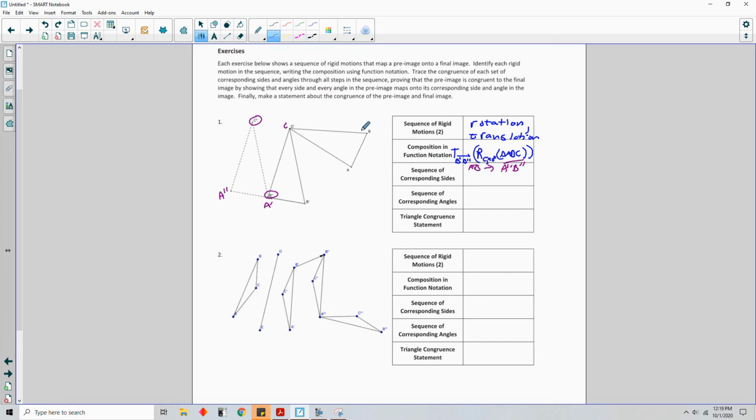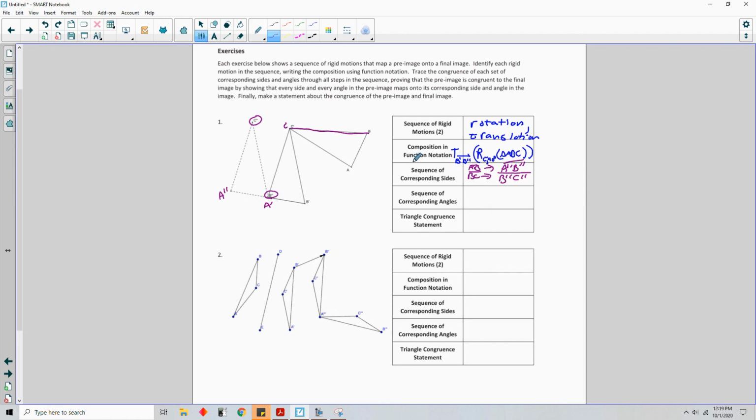And then next side, let's do BC. So here is BC right here. This is BC. Rotate it, BC will become B prime C prime. So BC got rotated and became B prime C prime. And then it got translated over to B double prime C double prime.